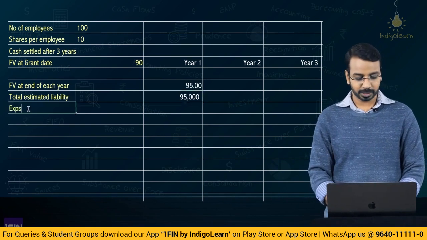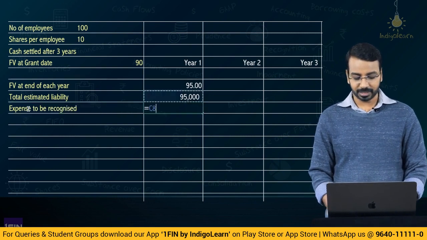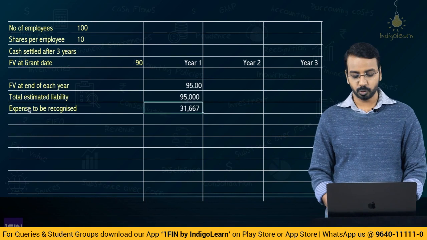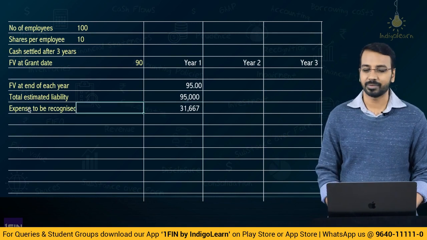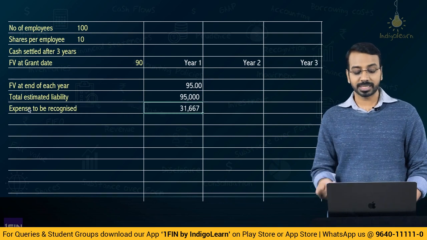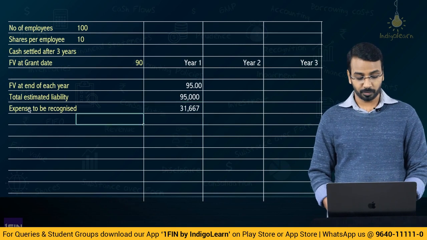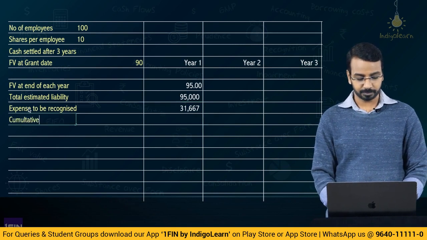So expense to be recognized is 95,000 divided by 3, which comes to 31,667 rounded off. Okay. So 31,667 is the expense to be recognized for year 1. And what is the cumulative expense recognized?